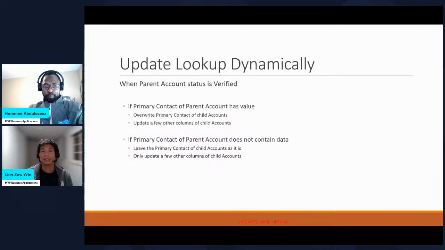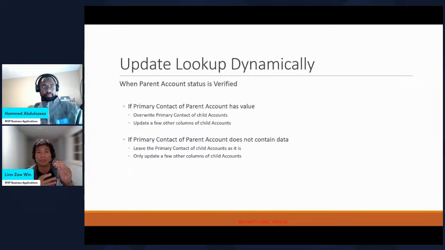And setting the lookup, sometimes you need to set the lookup dynamically, right? So in this particular scenario, what we want to do is when the parent account status is verified, then we would update the primary contact of the child accounts with the same primary contact as the parent account.